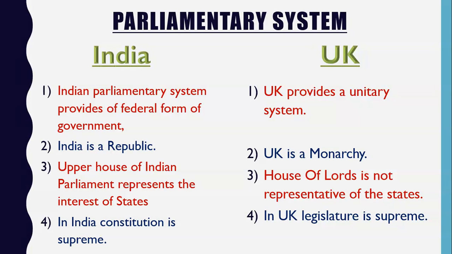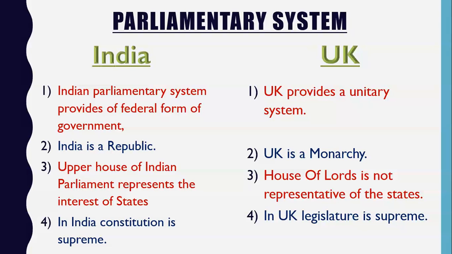So the Rajya Sabha is the house for the interest of states. It means in Rajya Sabha the interest of states is represented. Rajya Sabha sees whether the interest of a state is served or not, whether the interest of any state is affected or not.